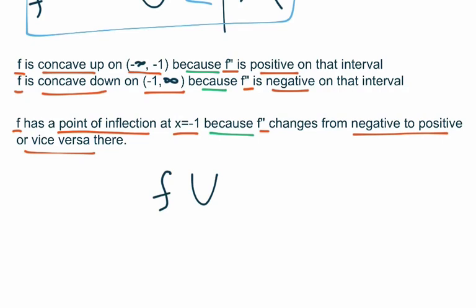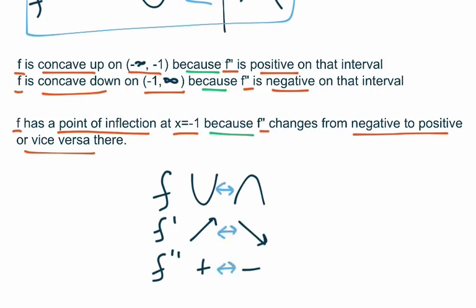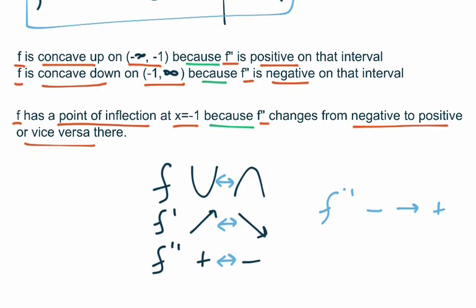F concave up, concave down, f double prime plus, minus, or f prime increasing, decreasing. A point of inflection happens when any of these three things happens, and it doesn't matter the order in which they happen. So if f double prime went from negative to positive, that is also a point of inflection because f would be concave down changing to concave up, sad, happy.